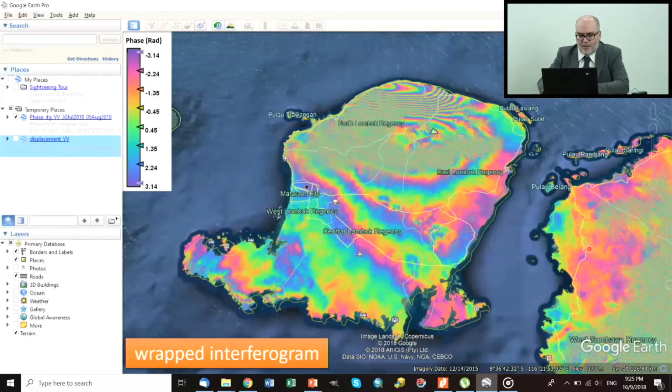This is an interferogram that has been built by using two SAR images, one taken before the earthquake and a second one taken after the event. We said before that every one of these fringes represents a displacement, and this displacement is represented by a cycle.